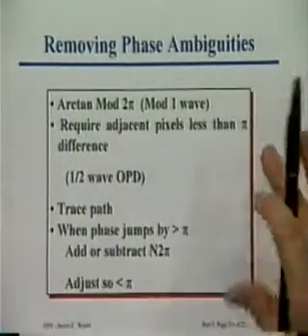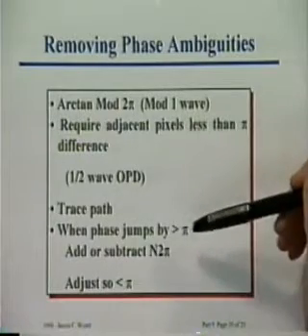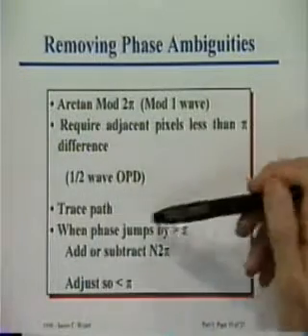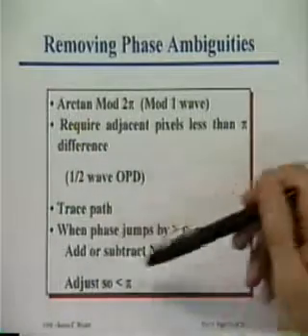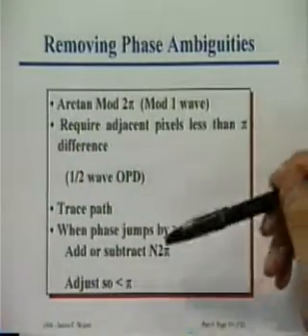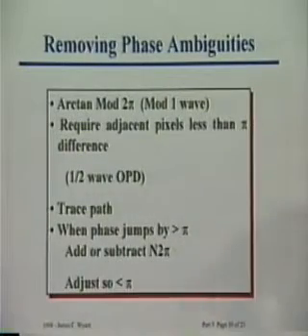And so what we do is trace this path, finding the phase difference between adjacent pixels, and whenever the phase jumped by more than pi, then we would add or subtract 2 pi, so the difference is less than pi.